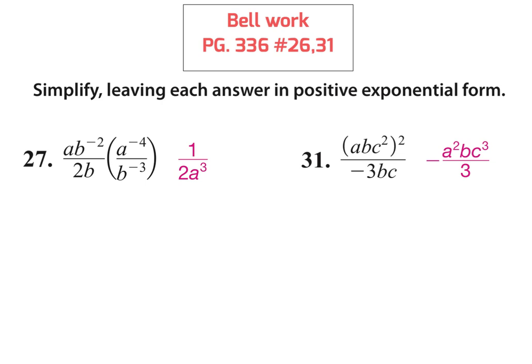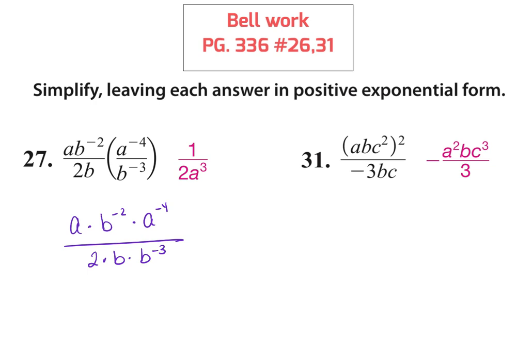Because this is not being taken to some power, you can just think of it as your a times b to the negative 2 times a to the negative 4th over 2 times b to the negative 3, okay? Because all of that in the numerator is just multiplying, all of that in the denominator is just multiplying.